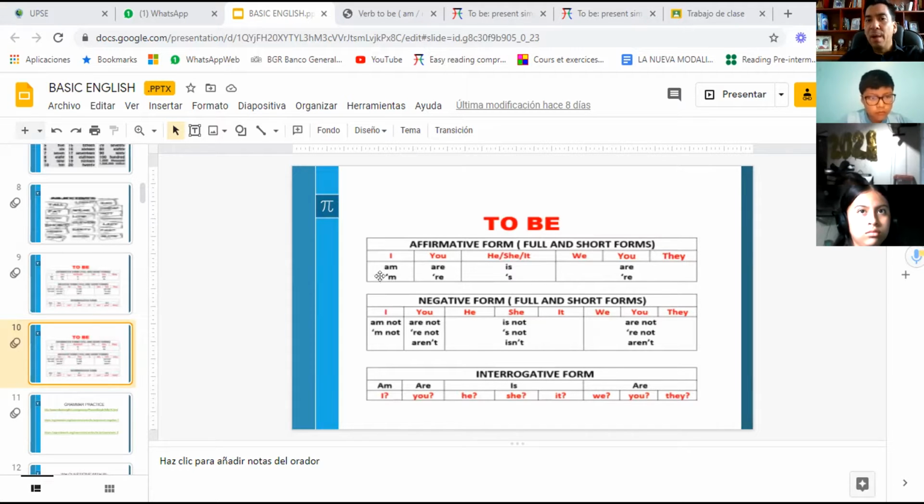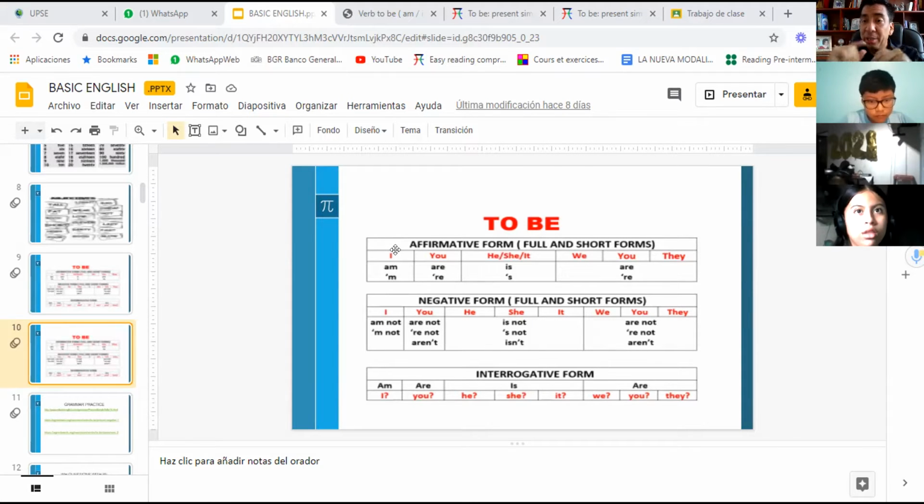Now, let's check the correct conjugation of the verb be. For I, the correct conjugation is I am, or you can also use the contraction I'm.